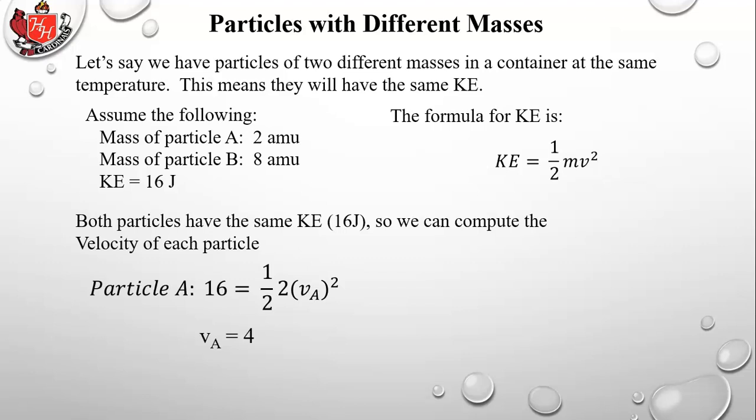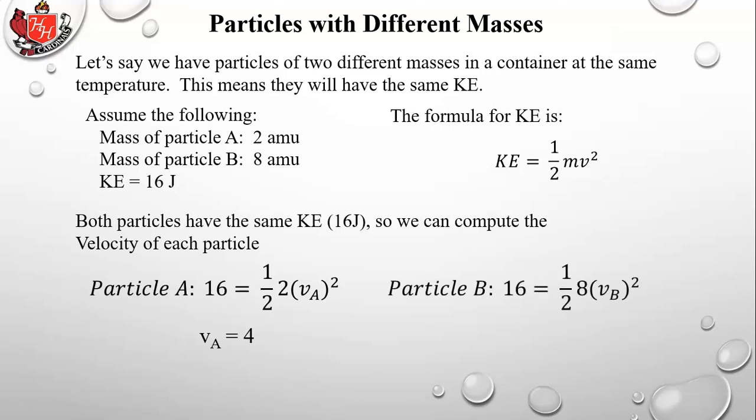And when you do that, you find that the velocity of particle A is 4. What the 4 represents, meters per second or whatever, it doesn't matter. We're trying to find the relative speed of the two, how much faster one is than the other, not specifically how fast it's going. So we're just going to say for this example, the velocity of particle A is 4.